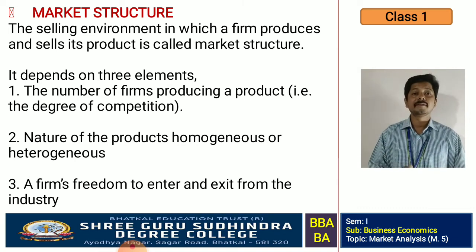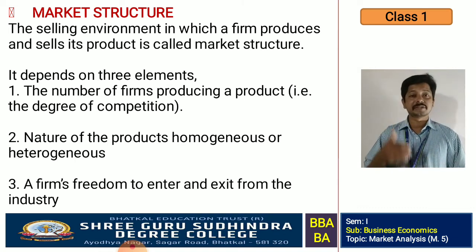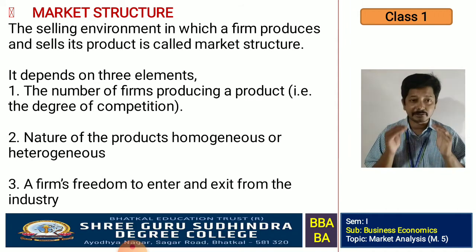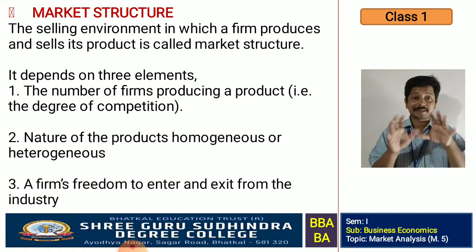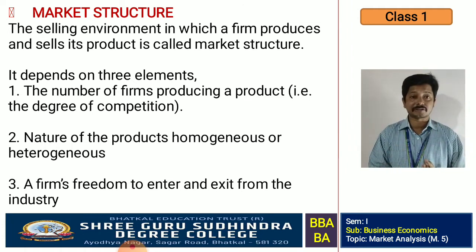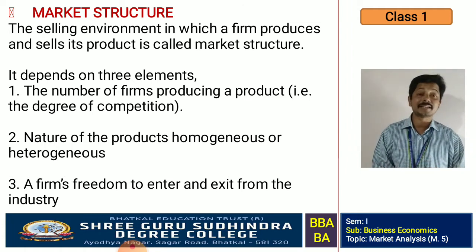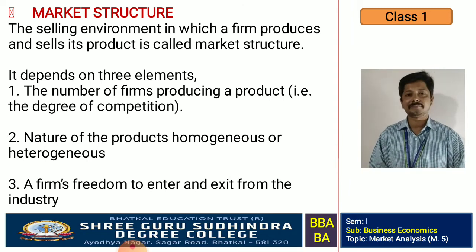So first, the number of firms, that means degree of competition; second, nature of product; and third, freedom of entry or exit in the industry, that means in the market. These three elements decide the entire market structure.